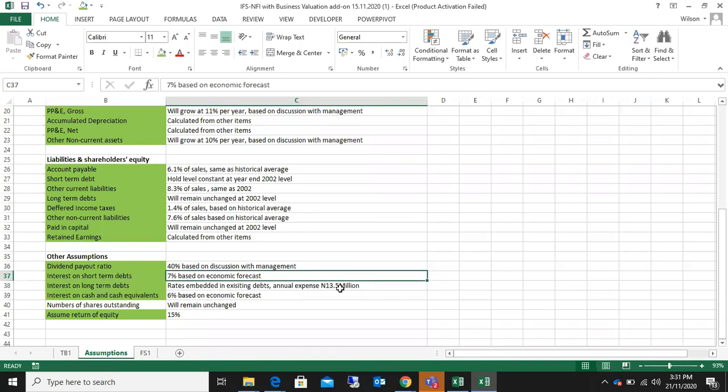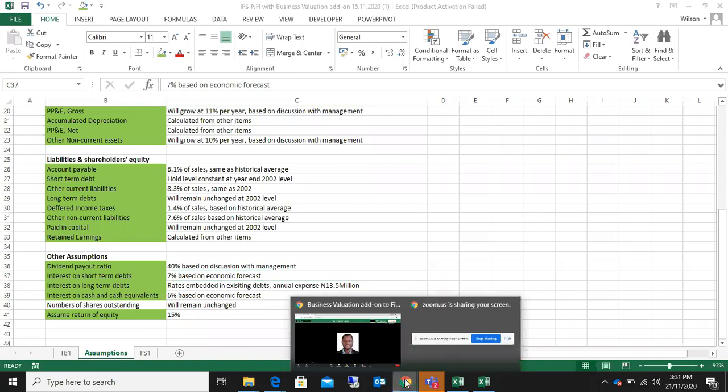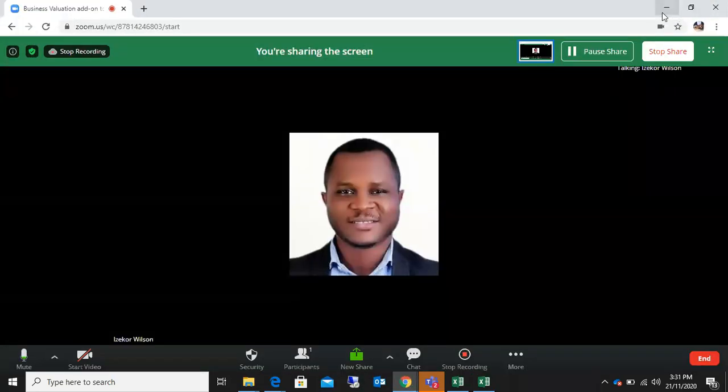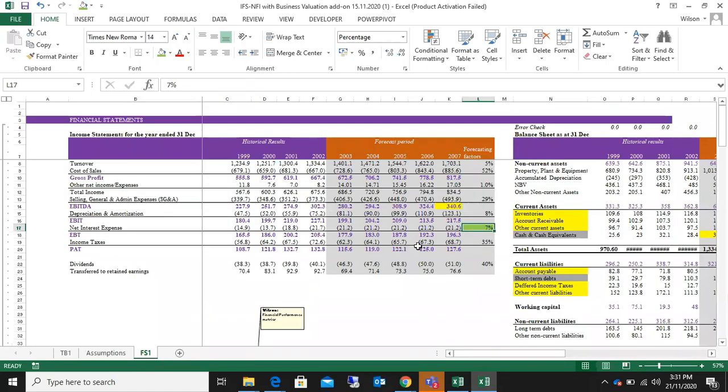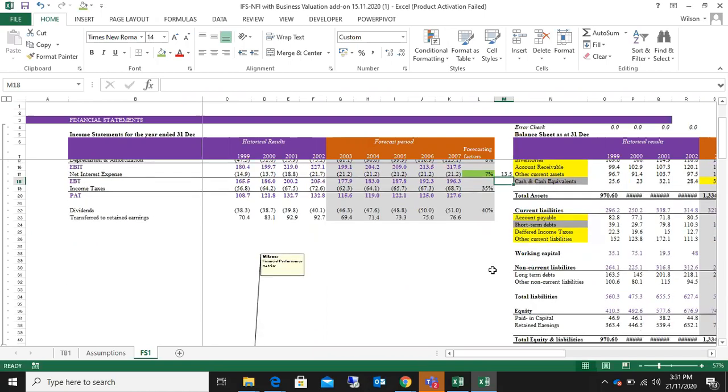Plus the annual expense for long-term debt, which is constant at 13.5 million. Okay, so that's fine. So what we're going to do is here I can decide to have the 13.5 simply written there. All right.